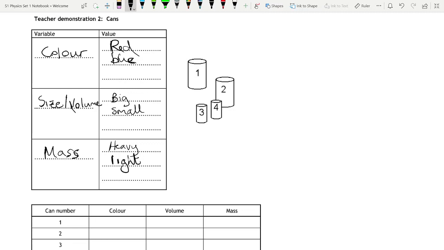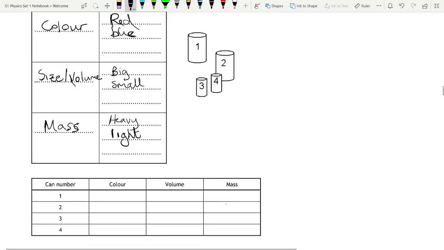Now, I've heard some people already discussing this, which is brilliant. If we wanted to think about the pattern between them, the easiest way to do that would be to create a table. Okay, so you can see the table at the bottom. It says can number, colour, volume, and mass.